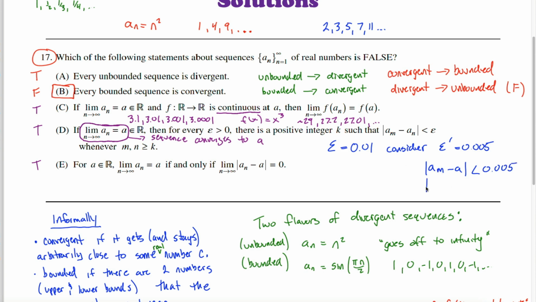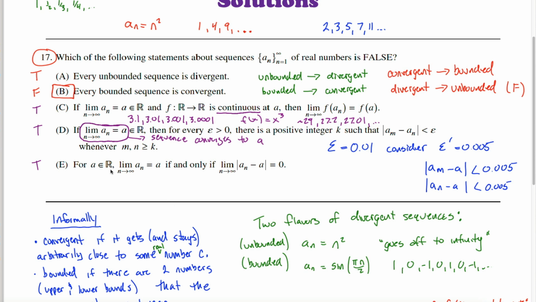It's also true for any n after the k that I pick. But if this number is within 0.005 of A, and this number is within 0.005 of A, then these two numbers must be within 0.01 of each other. Right, because worst case scenario, this thing is 0.005 bigger than A and this thing is 0.005 less than A, then the distance between these two things is 0.01.